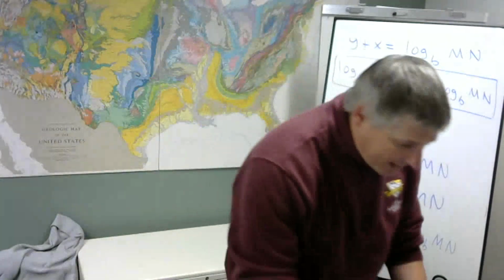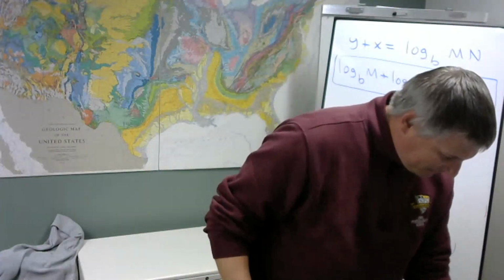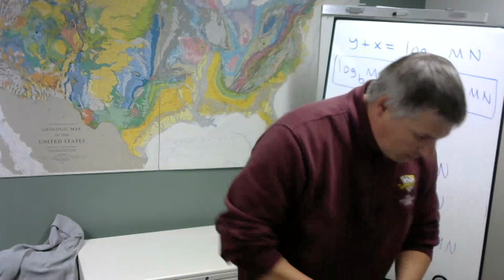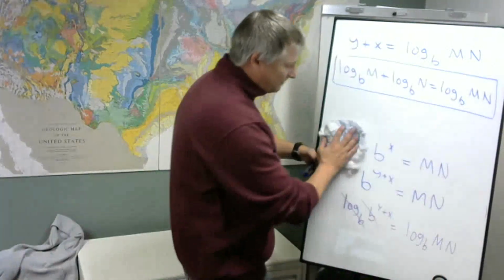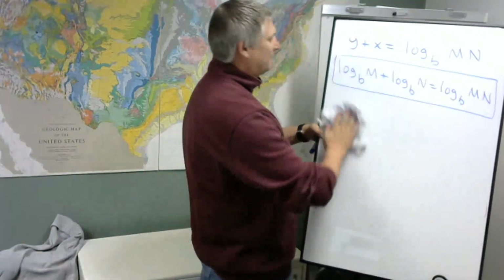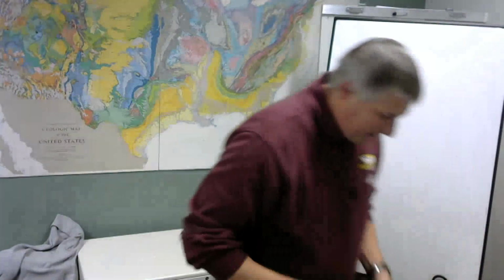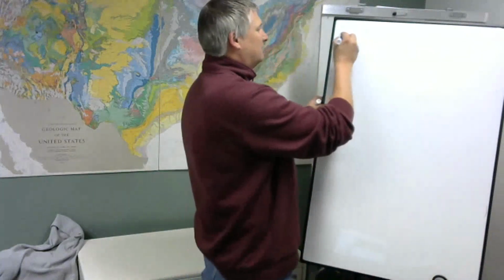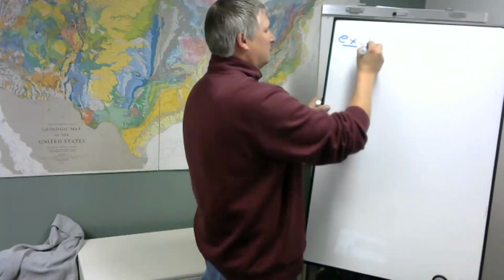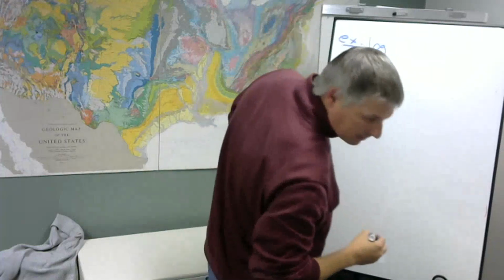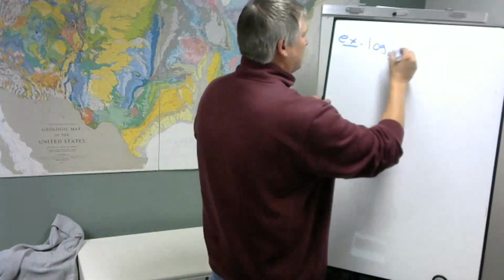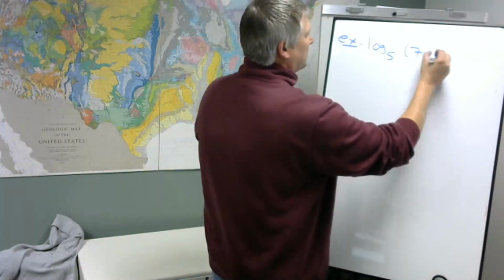So that's how we can prove that property. Now, how does it work in practice? Well, let's take a look. What it says is this. Let's say we have log base 5 of 7 times 3.